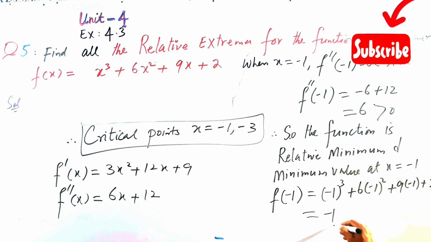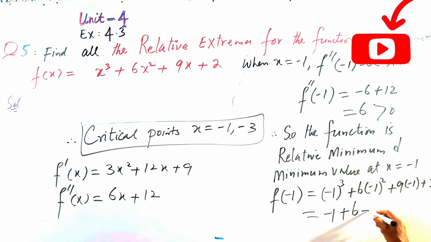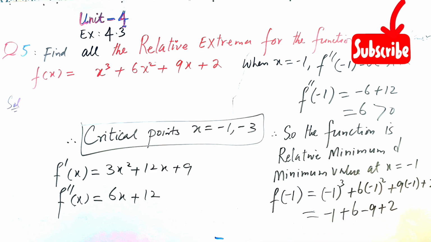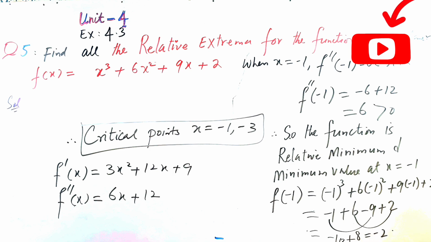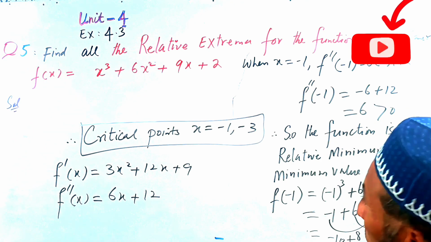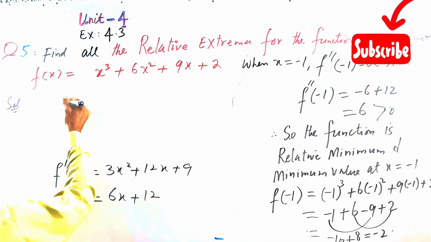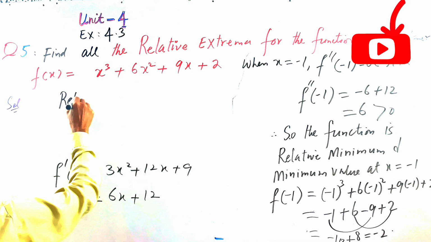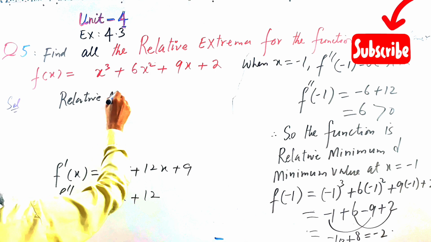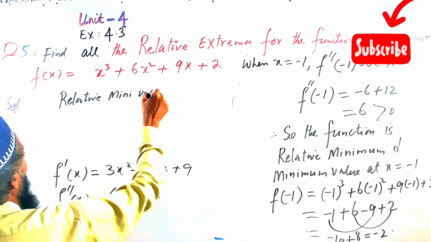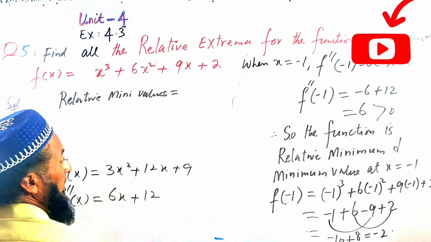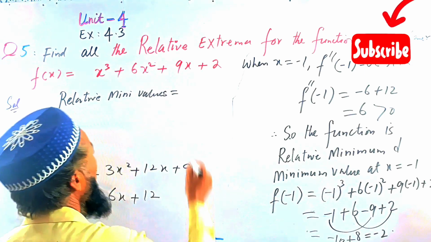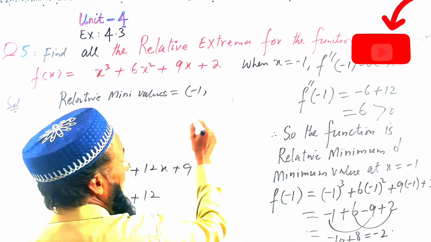So we get -1 + 6 - 9 + 2. If we add these, we get -10 + 8 = -2. The minimum value is at x = -1, and it is -2.